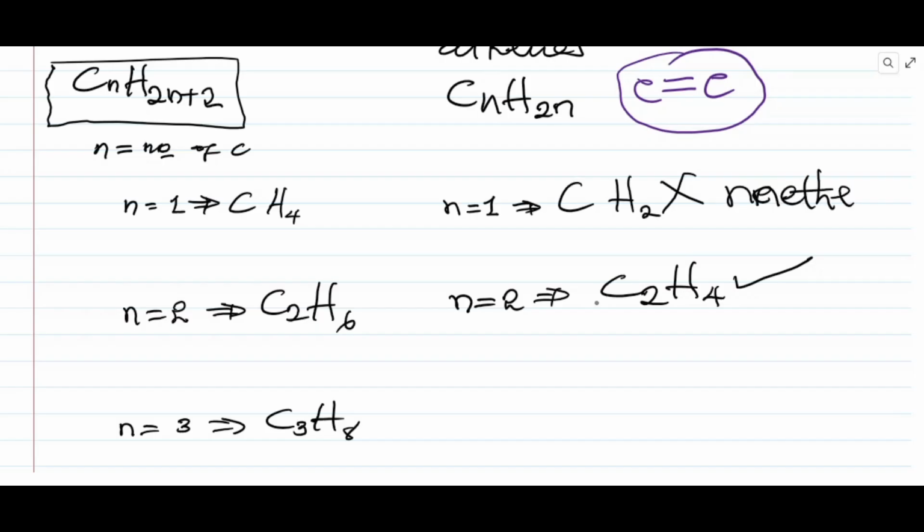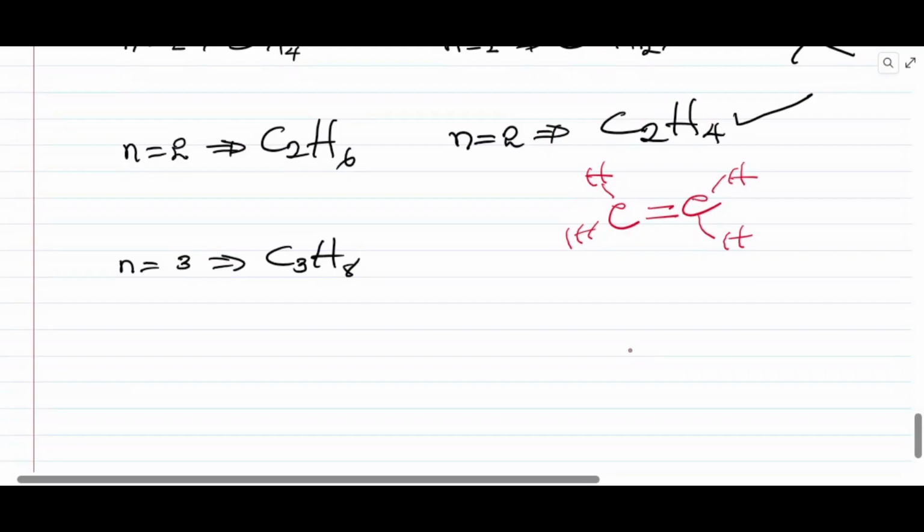The first family member of the alkenes is C2H4, which is ethene. Now we have 2 carbon atoms, so we can have our carbon to carbon double bond, and then we supply the hydrogen atoms to the carbon atoms. The second family member will be n equals 3 this time, and that will be C3H6.